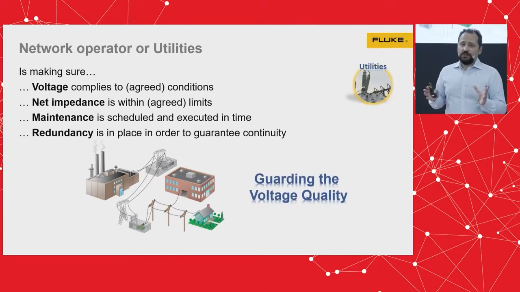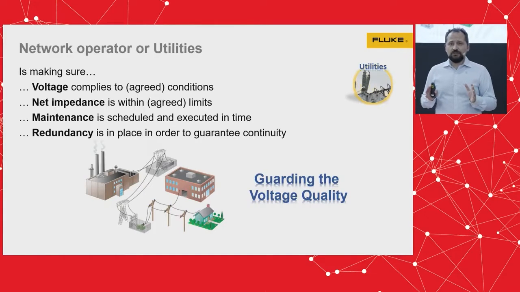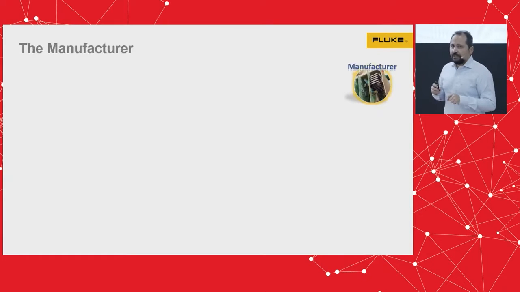If you want a single quote for their concerns, their main focus is, again, to deliver a quality voltage signal to the end user. That's the main focus. Then we have the manufacturer, where there are two main areas they need to ensure.